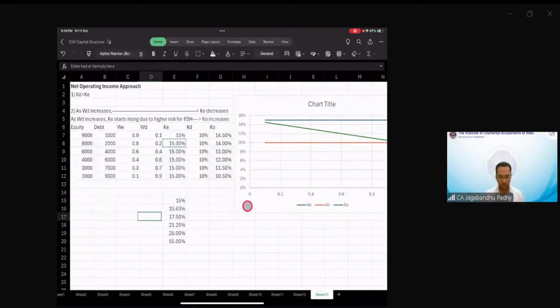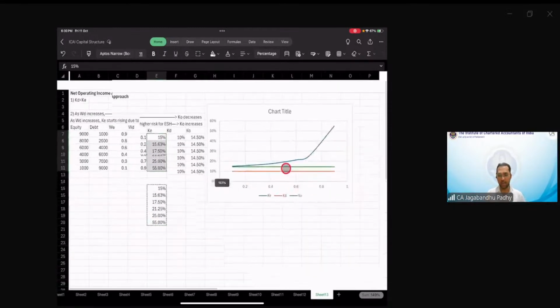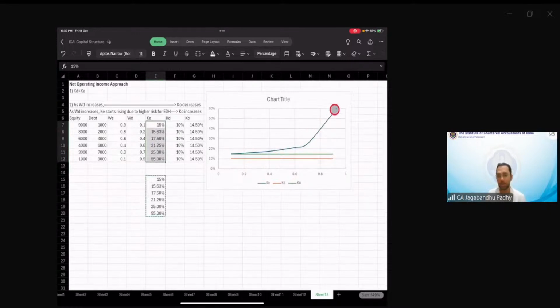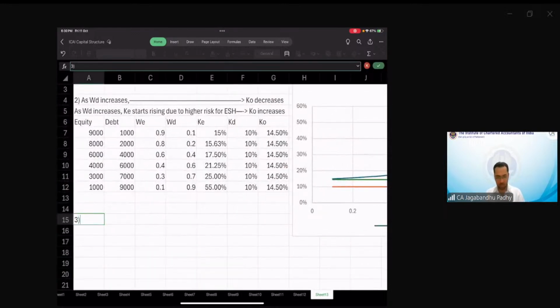But now, if the net operating income approach is applicable, then we can say, sir, cost of equity cannot be a constant term. It needs to be rising. So when you implement it, now the chart changes a bit, and your equity shareholders will obviously be demanding a higher rate of return.